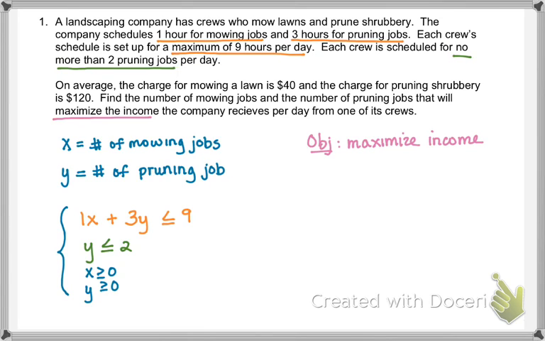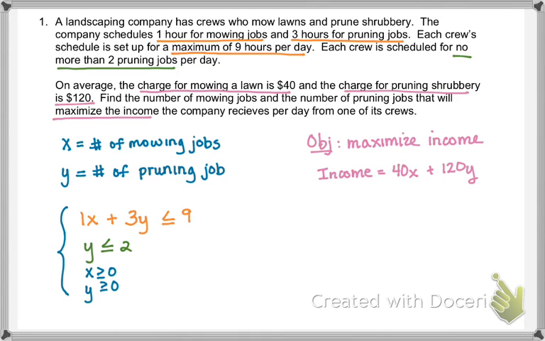So we're going to write a rule for income. And income can be calculated by, so it looks like we're going to make $40 for a mowing job, and we're going to make $120 for a pruning job. So the income is going to be $40 times however many lawns we mow, plus $120 for each pruning job times however many of those we do.